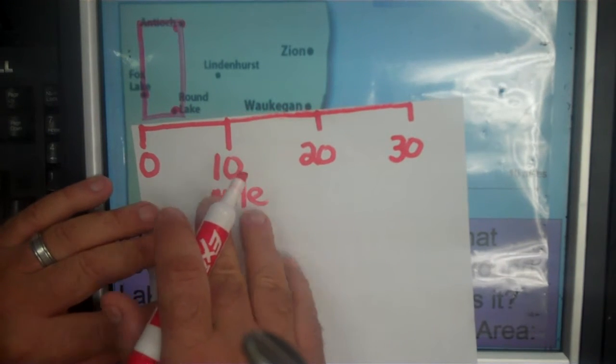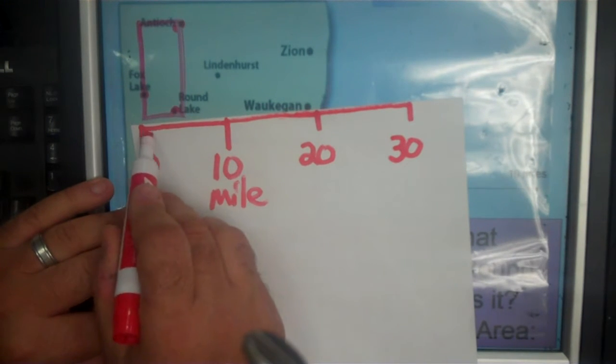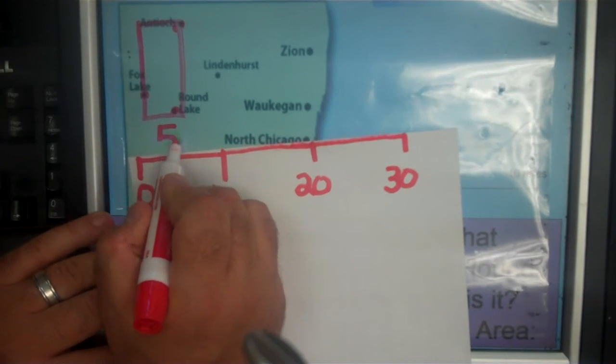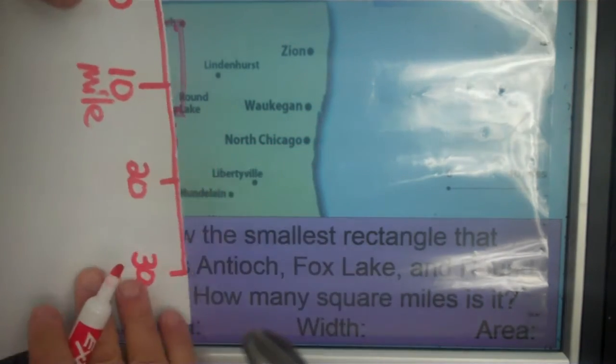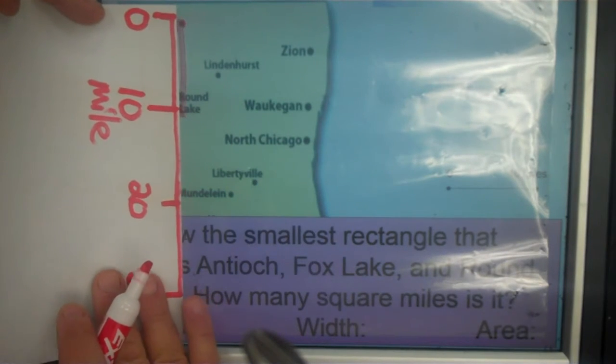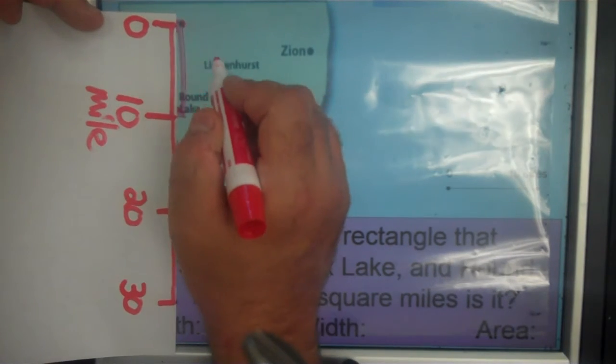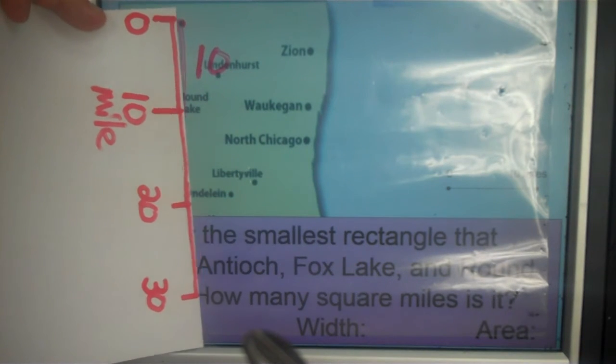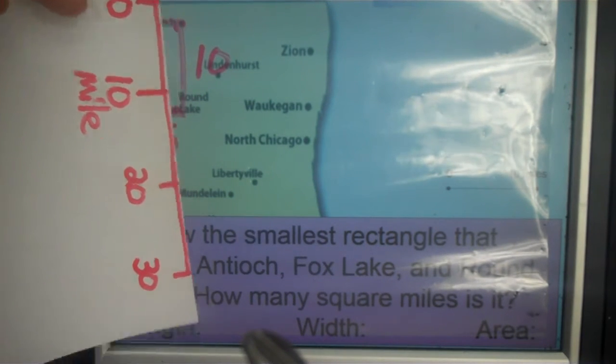So laying my scale down, the bottom is about halfway between 0 and 10. So I'm going to label that as 5 miles. And then up and down, it looks right around 10. I would not say 11 or 9. I think it's really smack dab on 10.